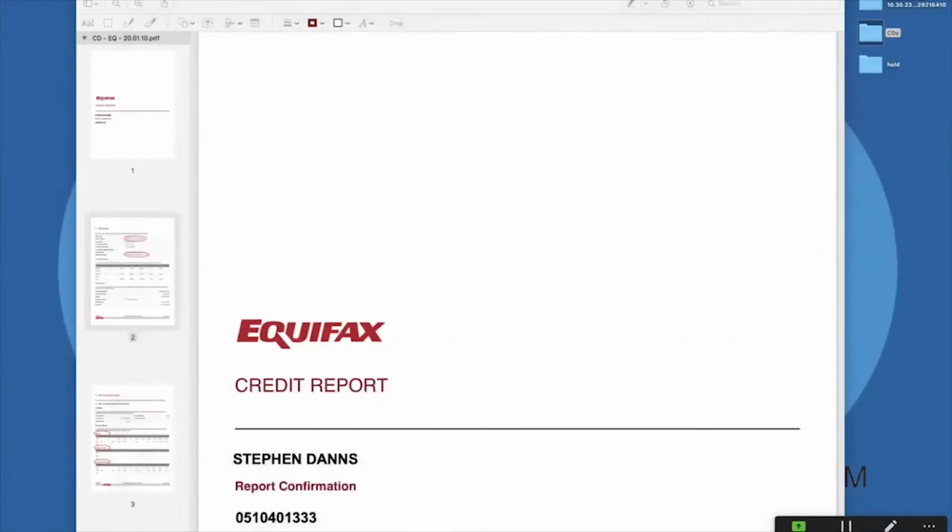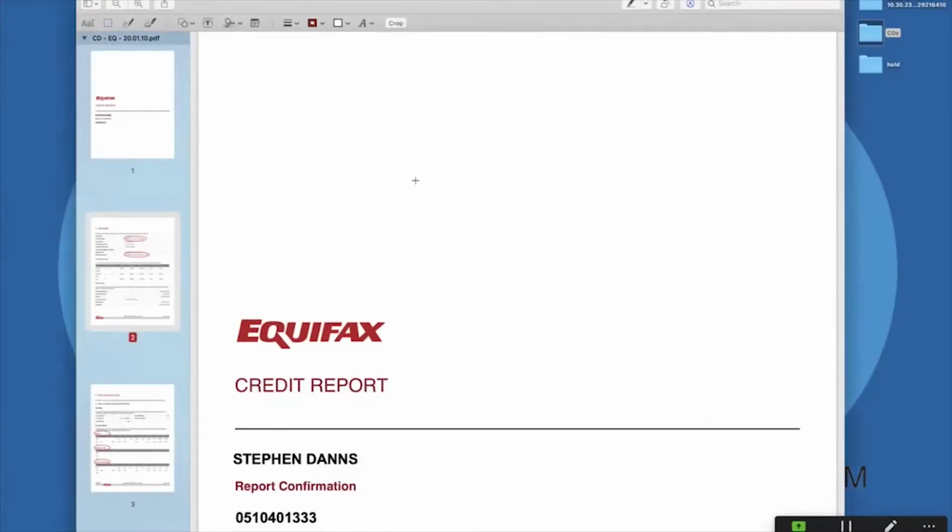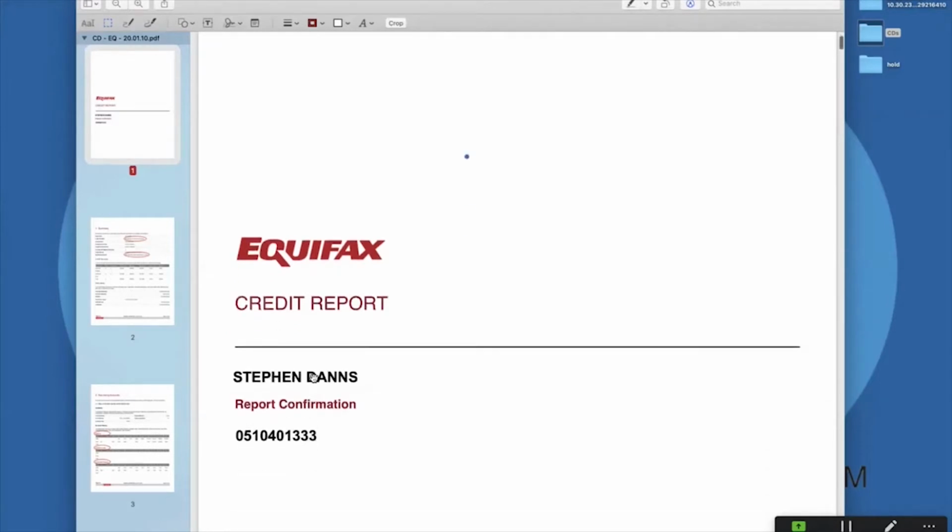So here we are. Let's take a look at our credit report. Now, this one is, again, a sample credit report from Equifax. Two of the things we need to know: they only use first and last name. They do not use a middle initial or full middle name, even if you've established your personal borrower identity with one.